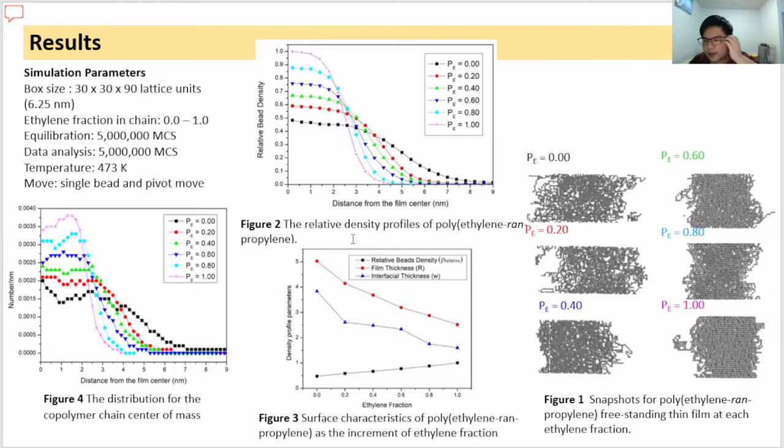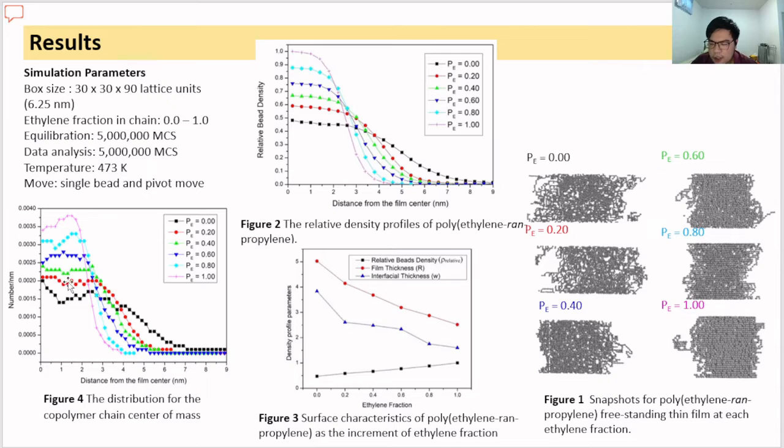Figure 3 shows the density profile fitted to the theoretical function of a polymer surface. As a function of ethylene content, copolymer thin films are more condensed. Interfacial profiles are sharper, with a narrower interfacial width.